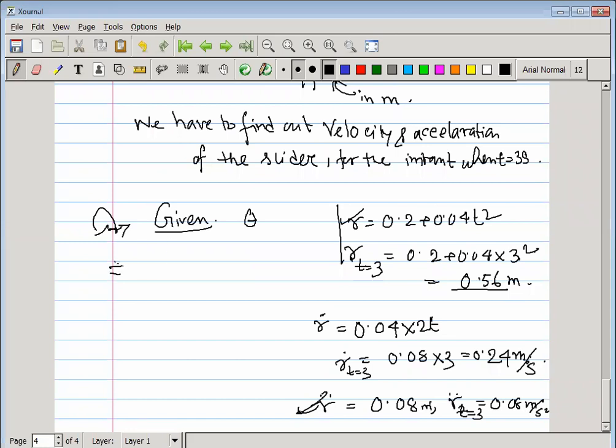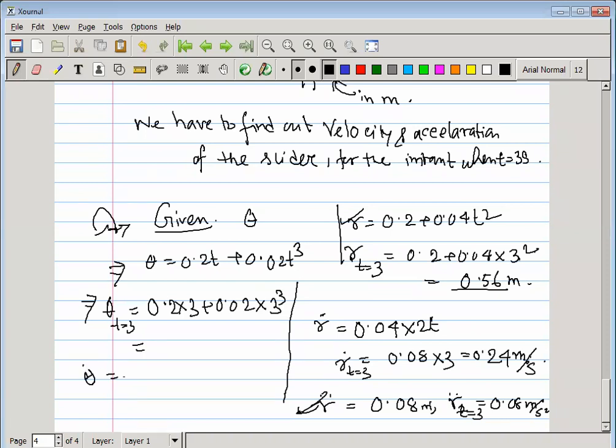Now for the circular motion, it is given in the question that theta is 0.2t plus 0.02t cube. So theta at time t equal to 3 is 0.2 into 3 plus 0.02 into 3 cube.